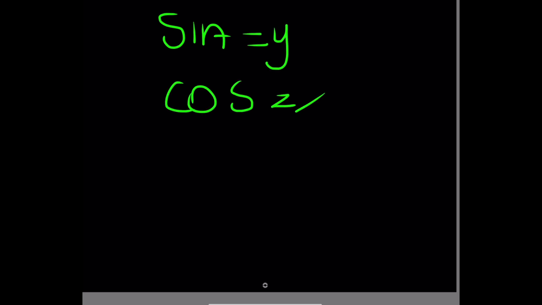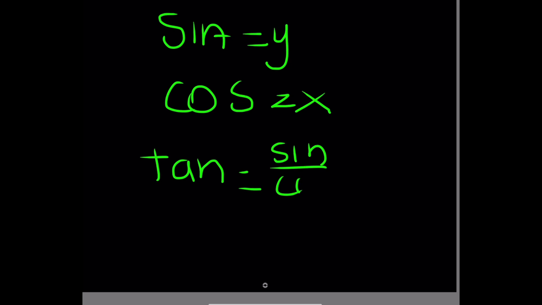We know that sine equals the y value and cosine equals the x value, and tan equals sine over cosine, which equals y over x. Okay, so now what am I doing?